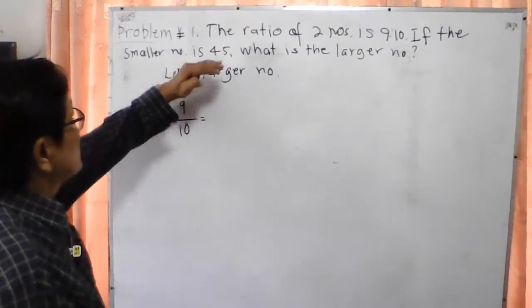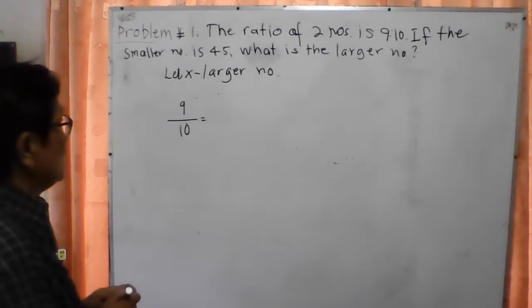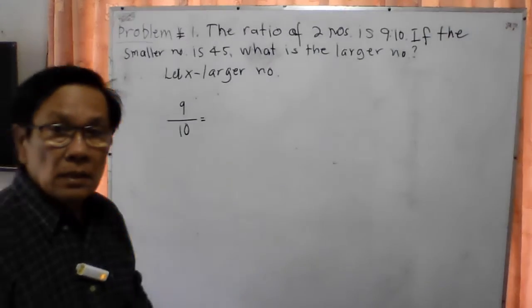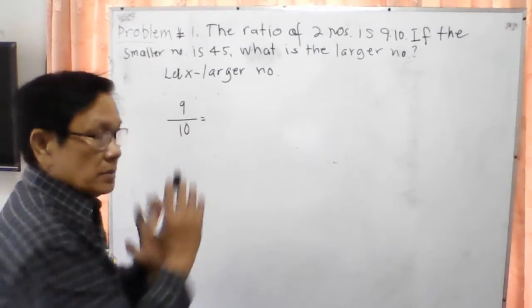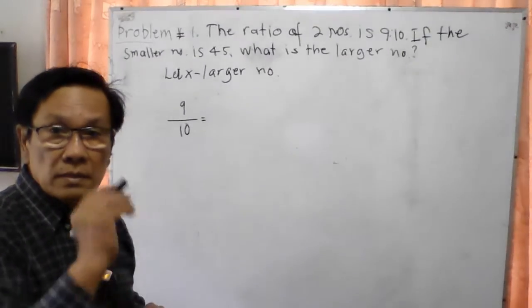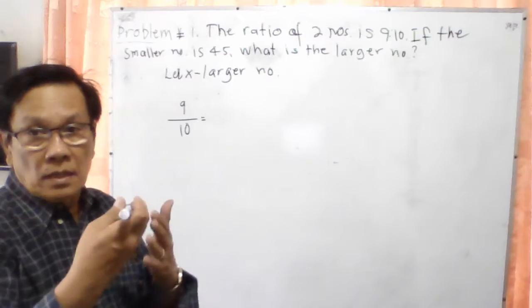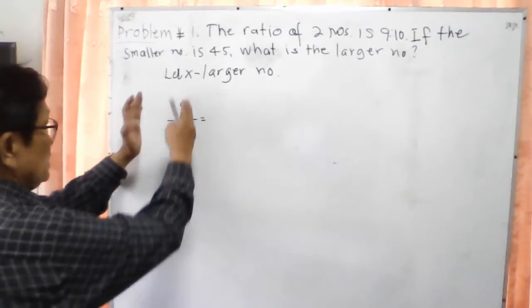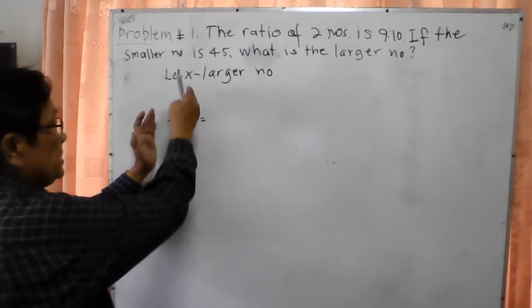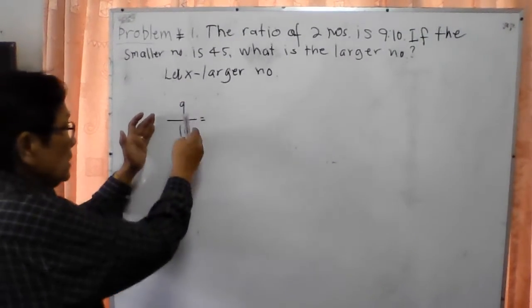The smaller number is 45. Now, the question is that smaller number on the other side of the equation going to be the numerator or the denominator? In order to decide on that, you have to look at the original relationship, which is 9:10, 9 being the numerator and 10 being the denominator.